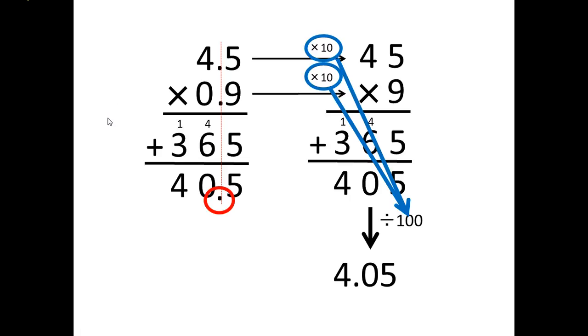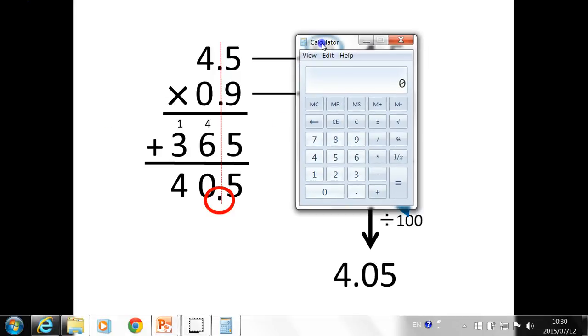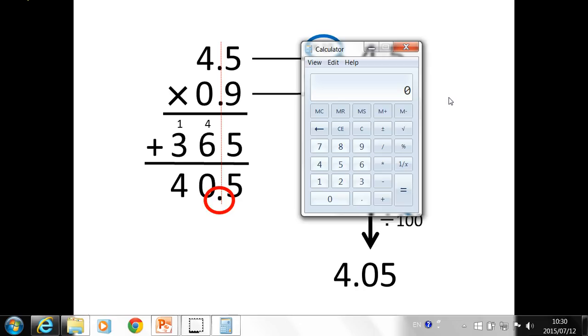Now, just so I can prove that 4.05 is the correct answer, I'm just going to use this calculator and show you that 4.05 is the correct answer. Okay? So I'm going to push in 4.5 times 0.9.